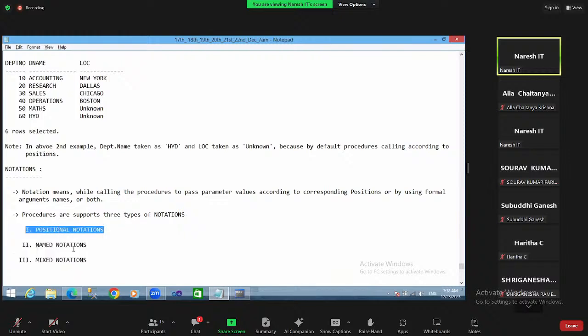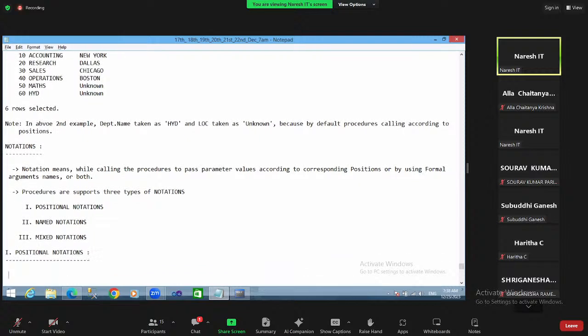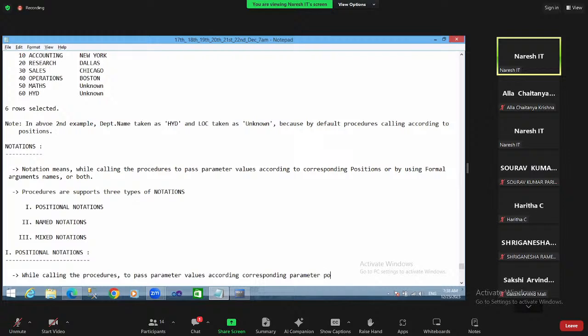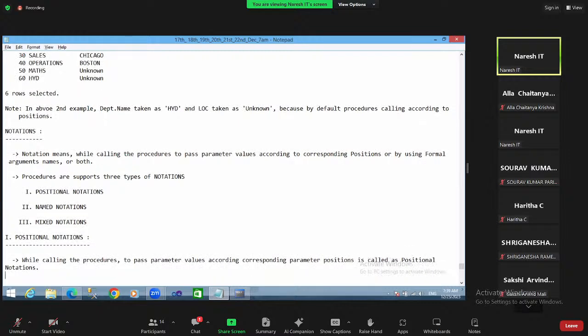The first one is positional notation. While calling the procedures, passing parameter values according to the corresponding parameter positions is called positional notation.